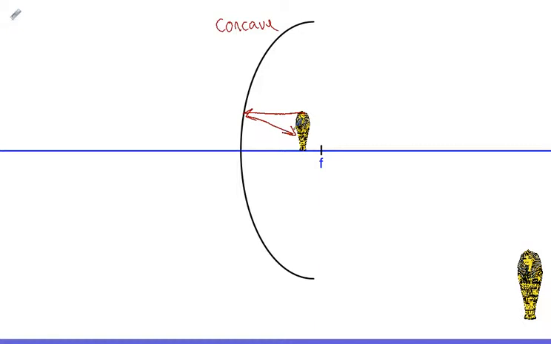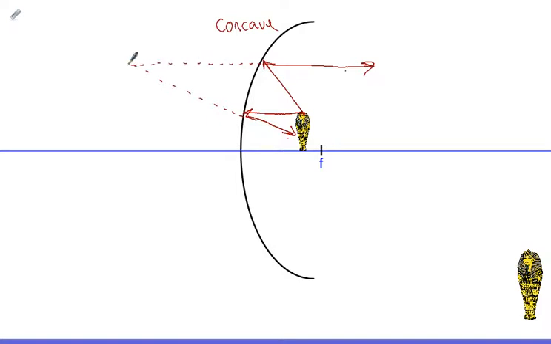The other ray of light that I'm going to choose is one coming from the direction of the focus, and that one always bounces back parallel to the principal axis. Now if I look at these 2 rays of light, they don't ever really come together. If I had somebody's eye here, it would look like it was coming from back there. And if somebody's eye was here, it would look like it was coming from back here.